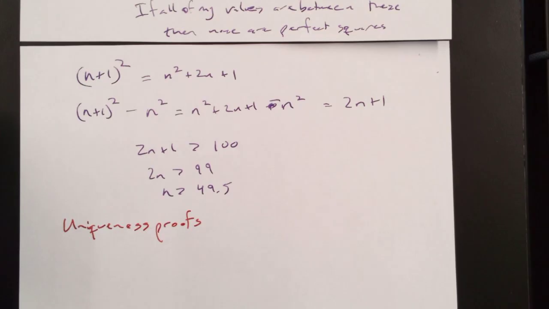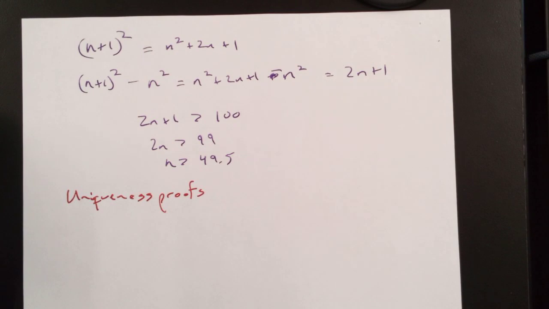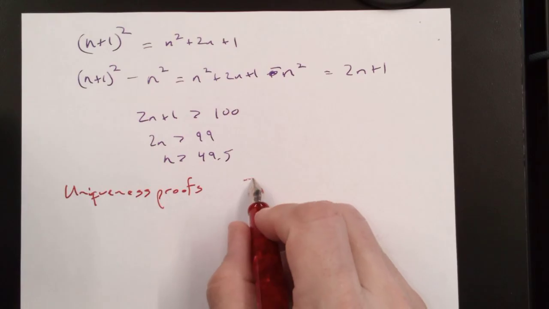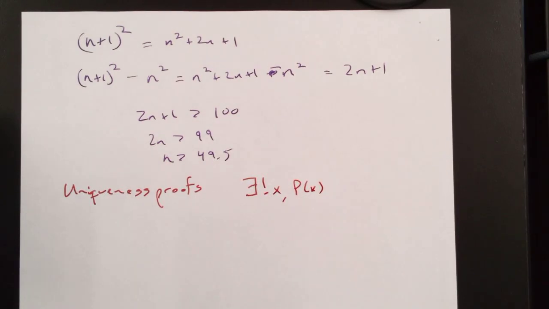Sometimes I don't want to know that there is such a thing. I want to know that there is one and only one such thing, right? A uniqueness proof in addition to an existence proof. A uniqueness proof almost always starts with an existence. But if we think about it, weren't we really doing that?